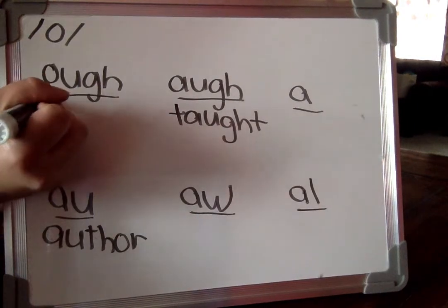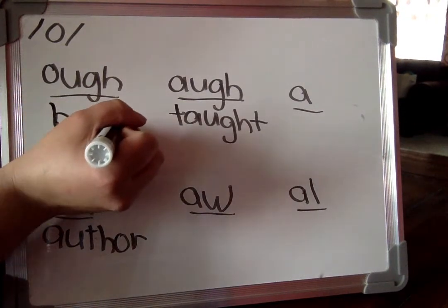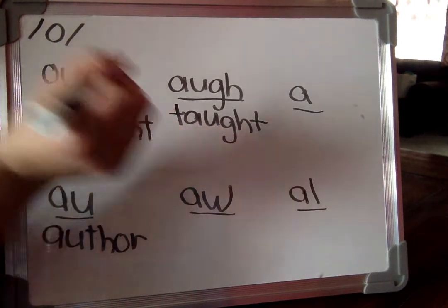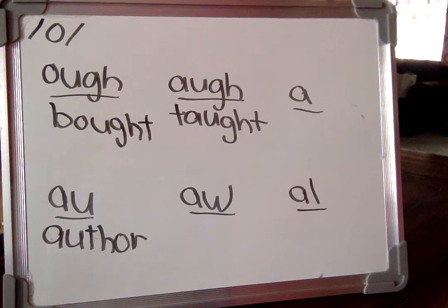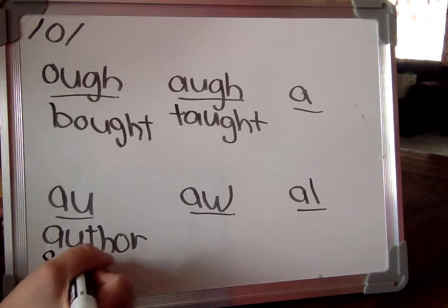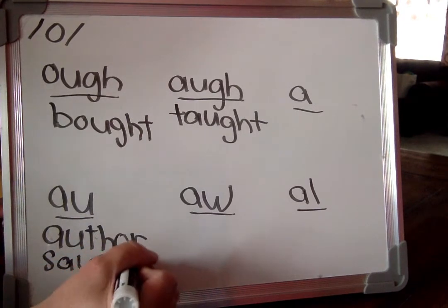That goes in that O-U-G-H. Okay. Next, we have sausage. That part, think about where that would go. Sausage. That's another A-U. Sausage.